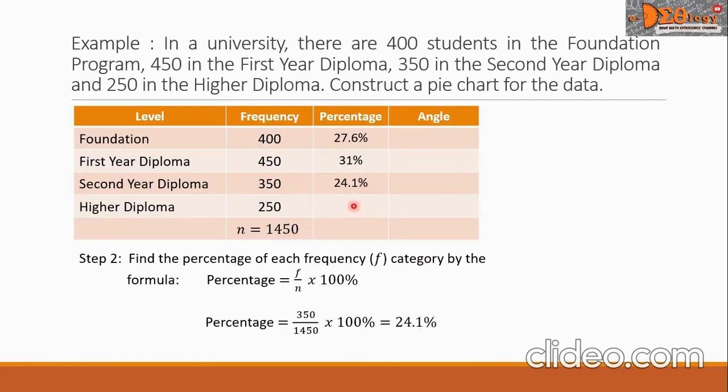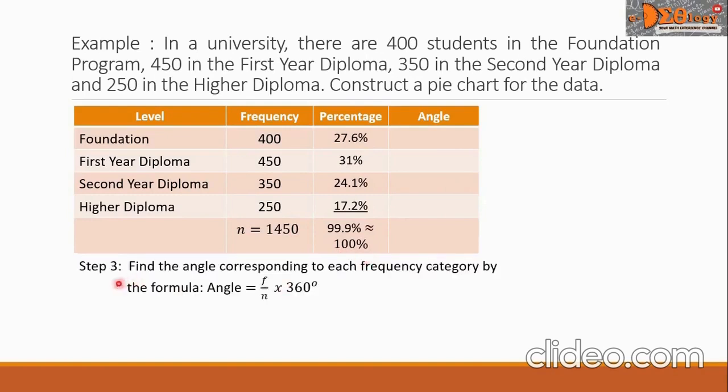The last blank is 17.2%, and this comes from 250 divided by 1450 times 100%. After that, let us get the total of this column. We will have 99.9%, and this is equivalent to 100%.